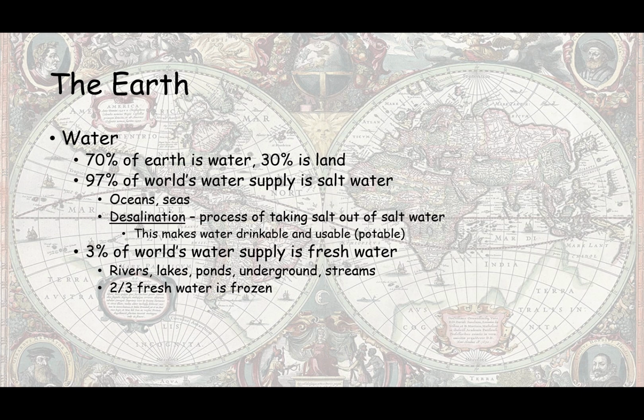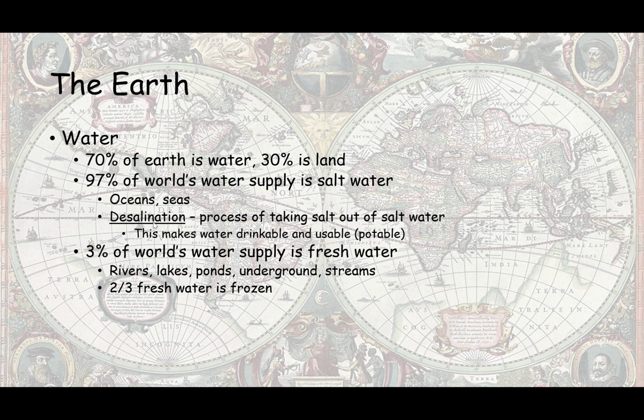As we said when we were talking about the biome earlier, water makes up 70% of the earth, and 30% of the earth is land. Okay, so of our water supply, most of it is salt water. 97% is in the oceans and the seas, and it is salty. You can't drink it.